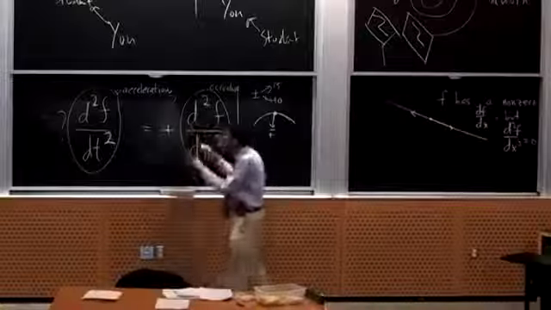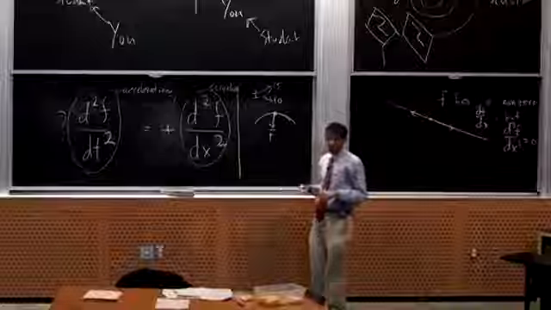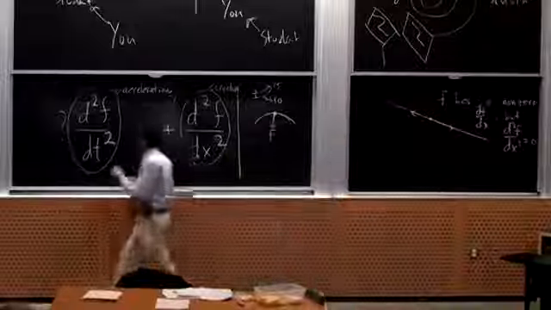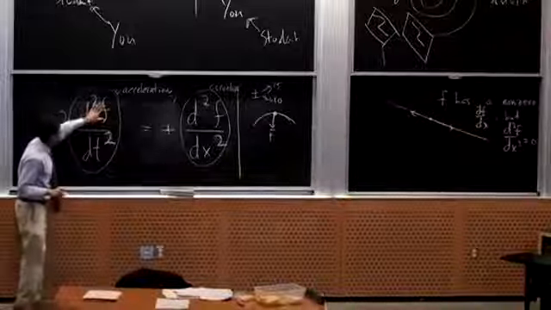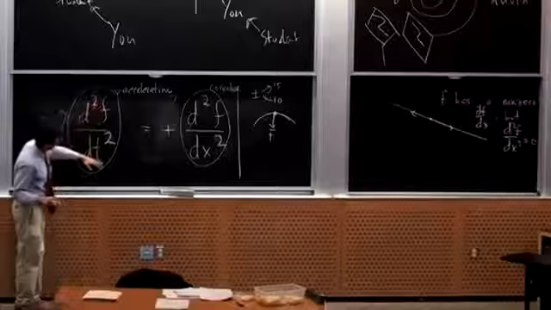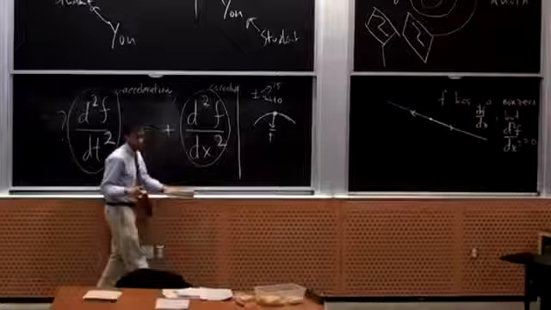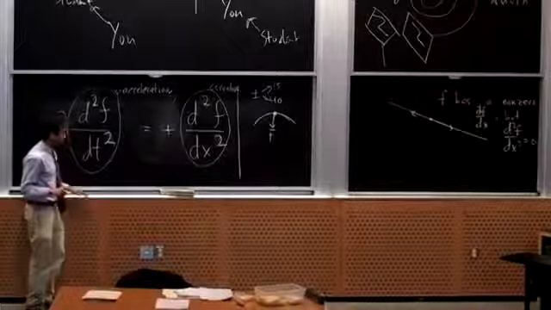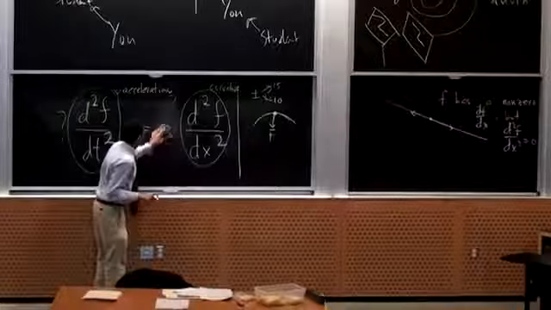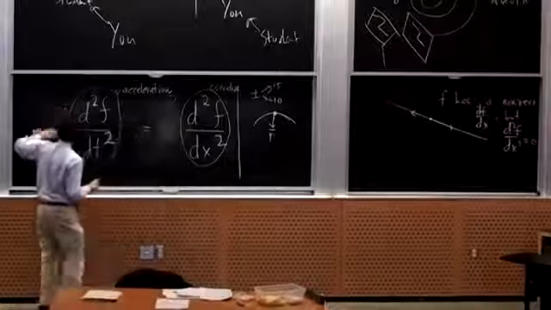So plus. And now we need to put in one more thing, because the dimensions are totally bogus. This is a position divided by a time squared. This is a position divided by a length squared. So we need to multiply by something to make the units come out correct.